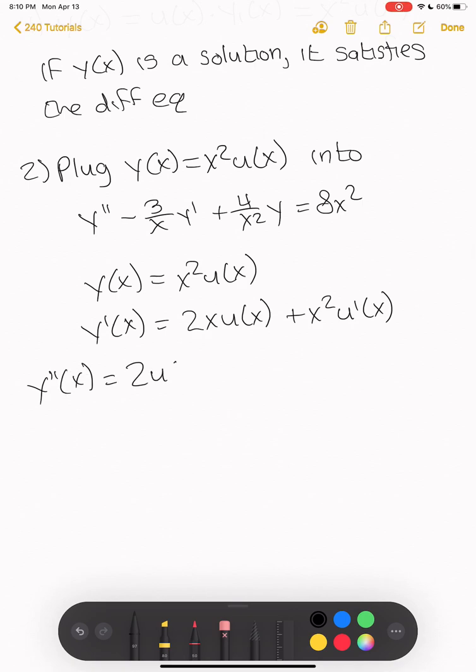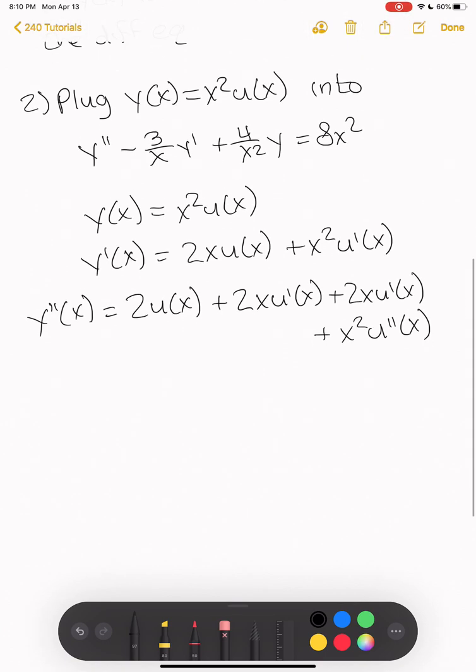I have 2u of x plus 2x u prime of x plus 2x u prime of x. And then from the last, I have plus x squared u double prime.